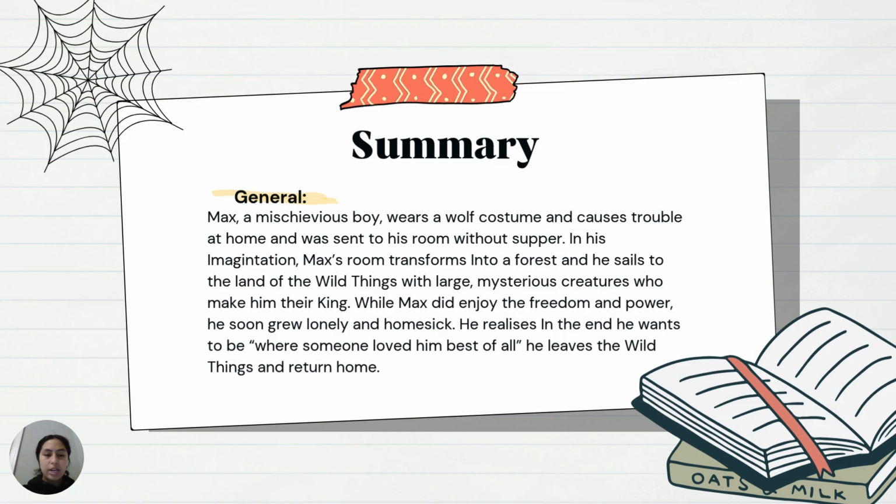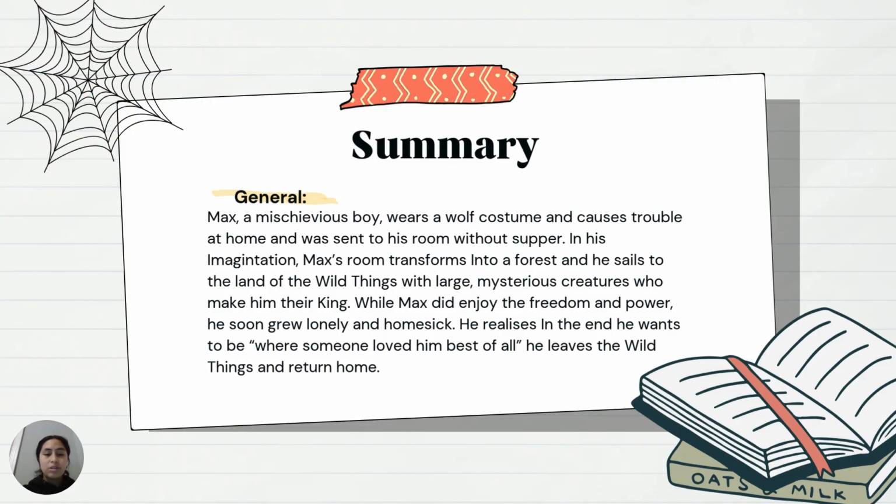A simple summary is that Max is a mischievous boy who wears a lot of wolf costumes and always gets into trouble. At home, he gets sent to his room without dinner for being naughty. Max, in his imagination, transforms his room into a forest.